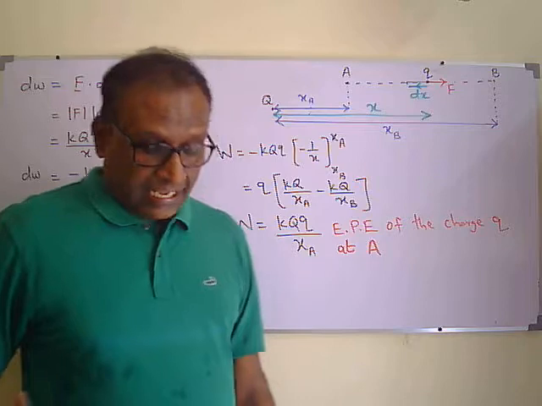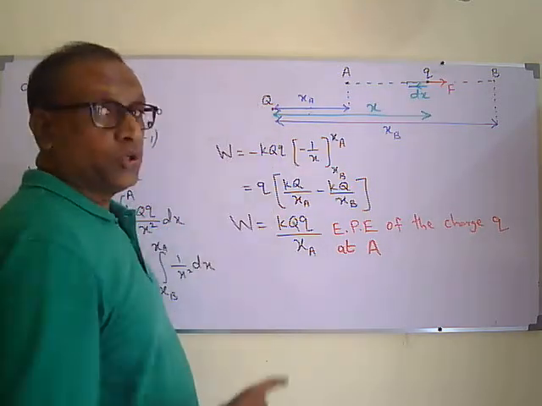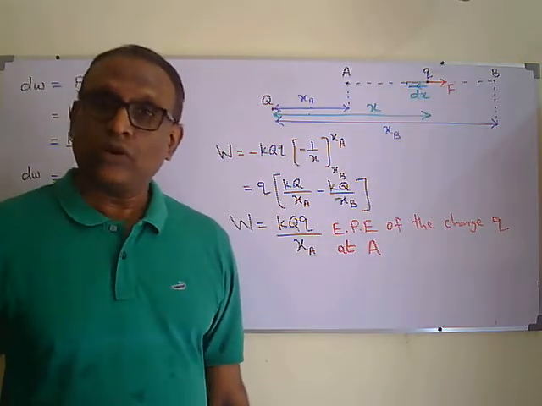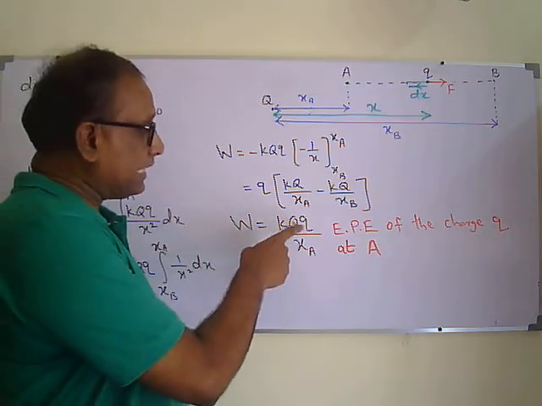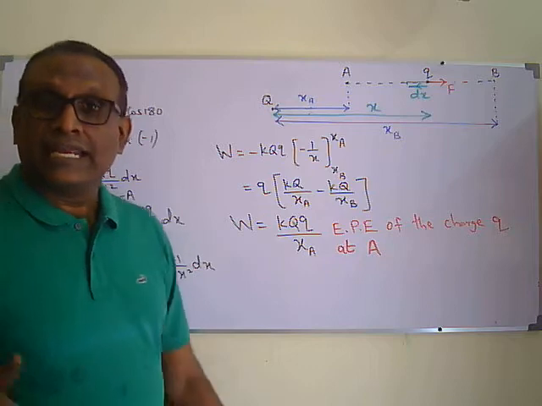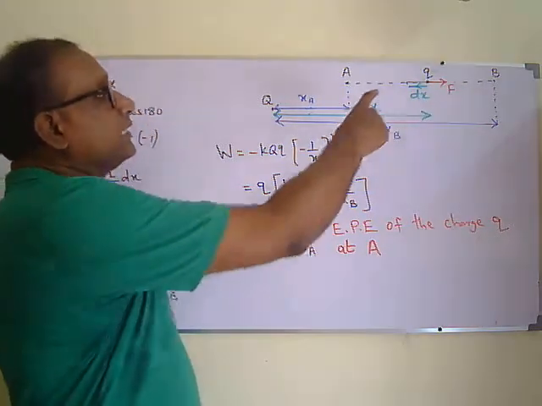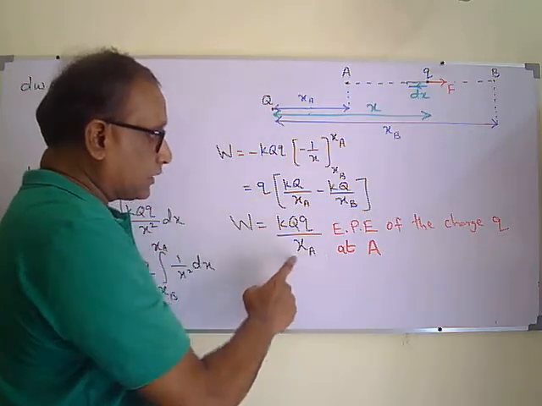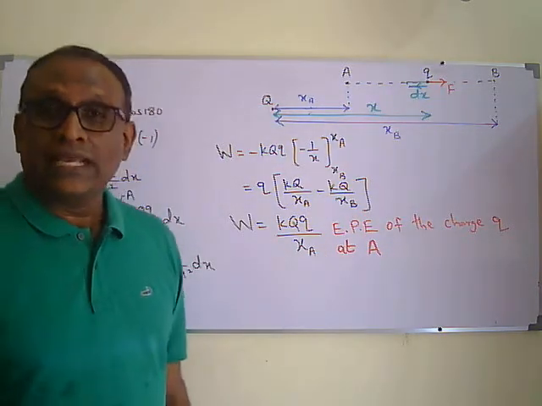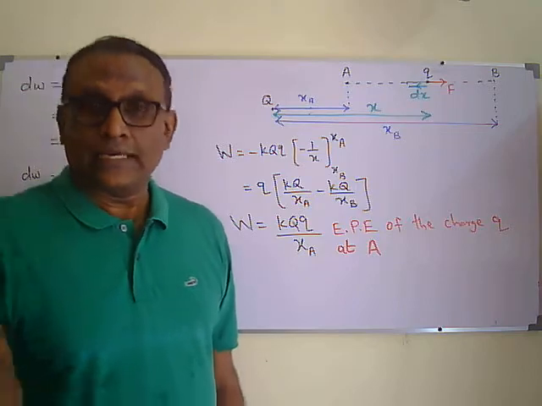Same way, if capital Q is negative, what will happen? The work done again is negative. If capital Q is negative and symbol Q is positive, in that situation also, this is going to move from infinite distance to point A. The total work done will become negative. Electrical potential energy will be negative.